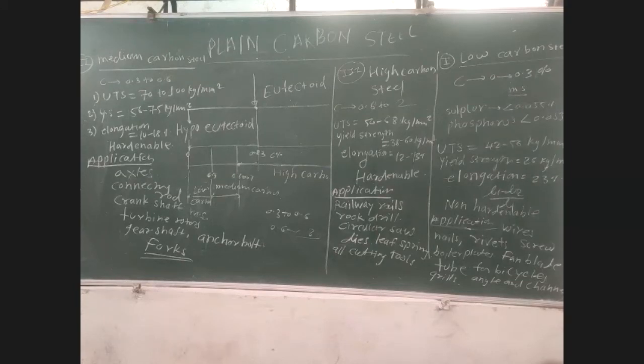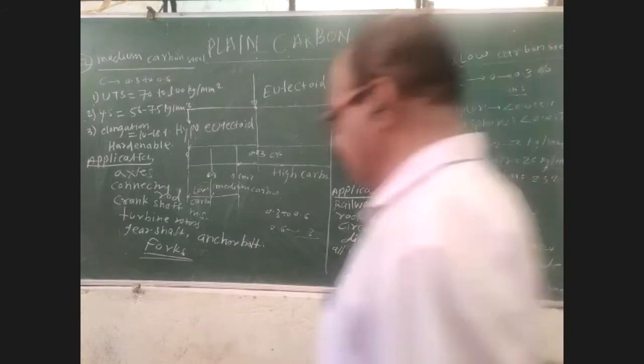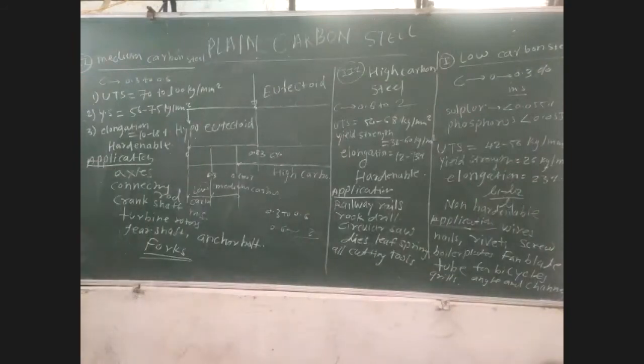Medium carbon is also used in automobiles for making axle, connecting rod, crankshaft, turbine blade, gear shaft, anchor bolt, and so on. So these are the three types of plain carbon steel. Okay. So here in this plain carbon steel, alloying elements are very less. So which are the alloying elements and what is the effect of this?